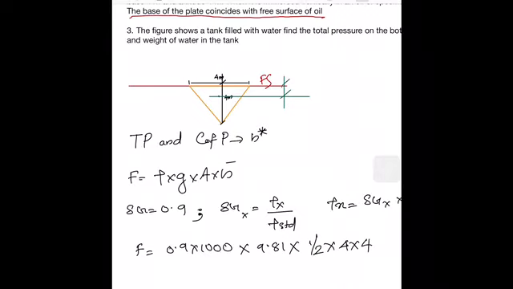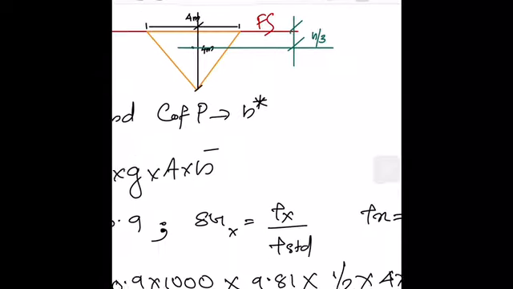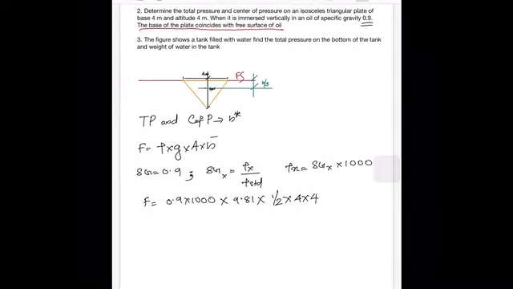This will be h by 3. The center of gravity of a triangular section is 1/3 from the base. So h bar is nothing but the vertical distance from free surface to center of gravity. Now for a triangular section, the center of gravity will be h by 3 from base.